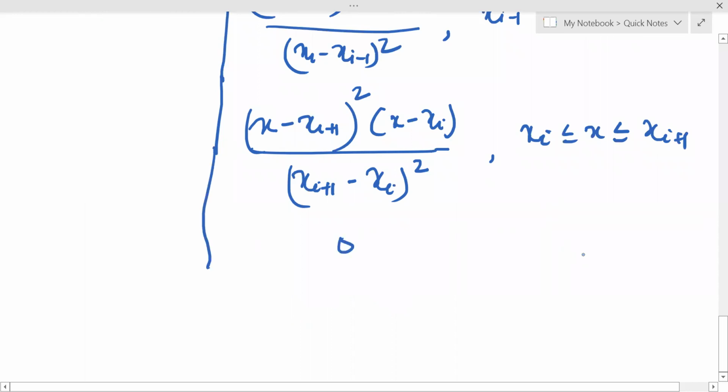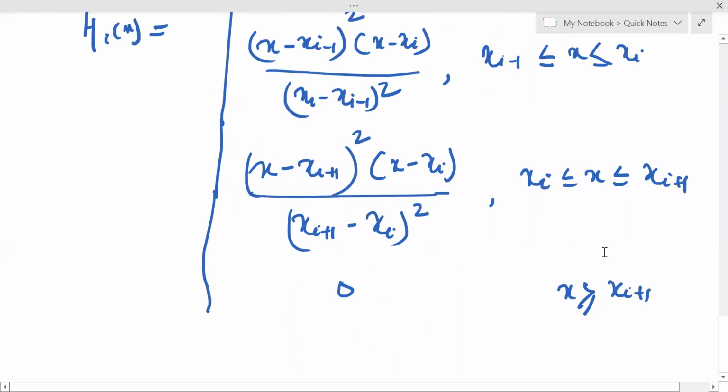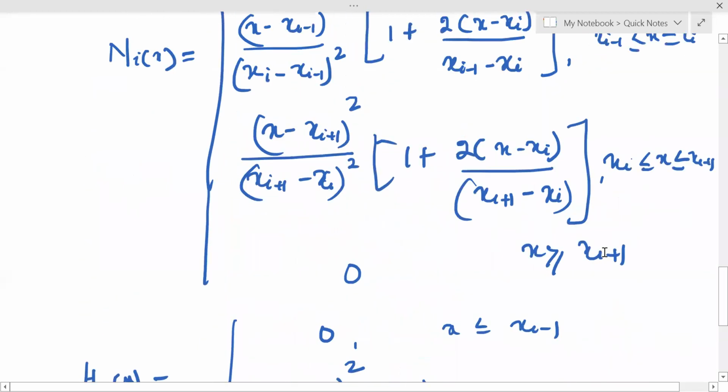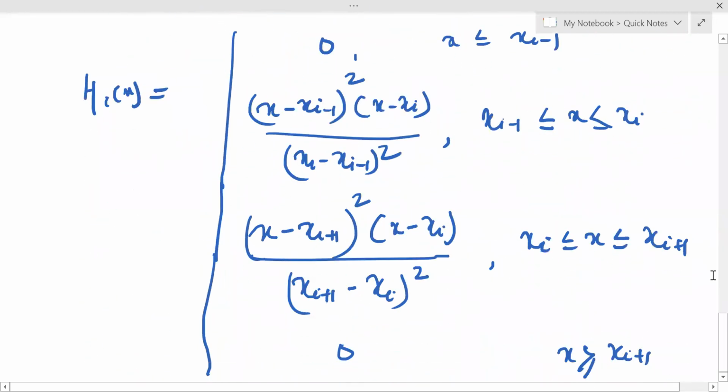And 0 if x is greater than xi plus 1. Here Hi(x) and Ni(x) are represented in this format.